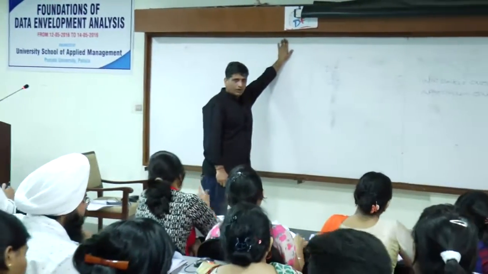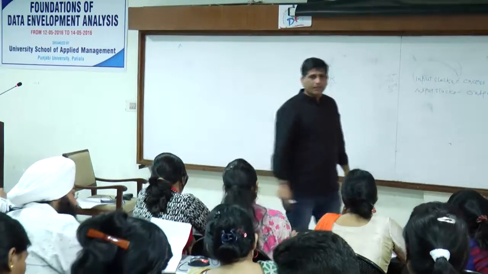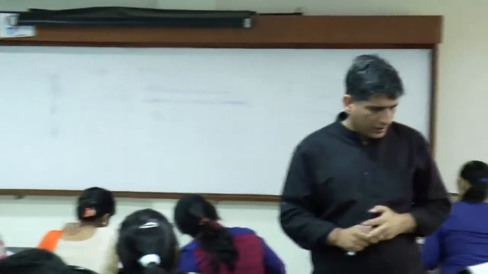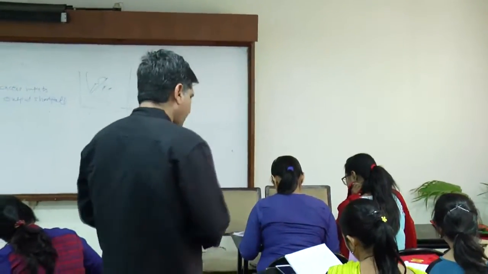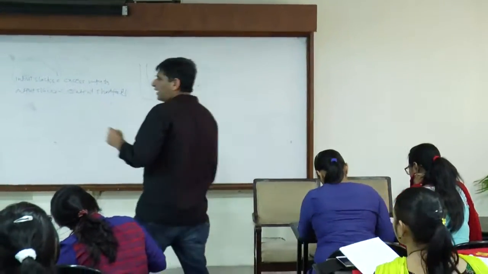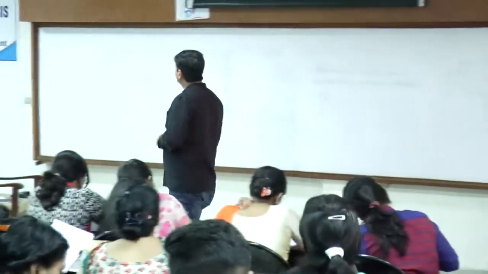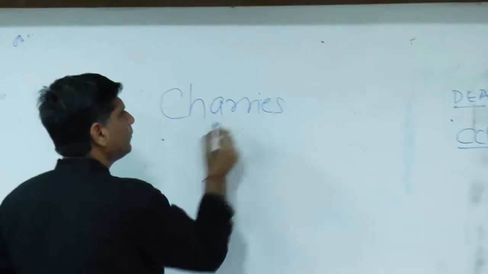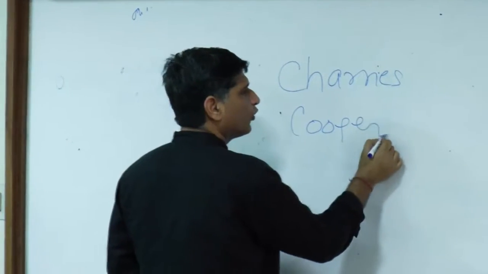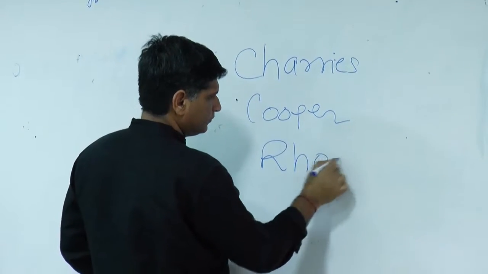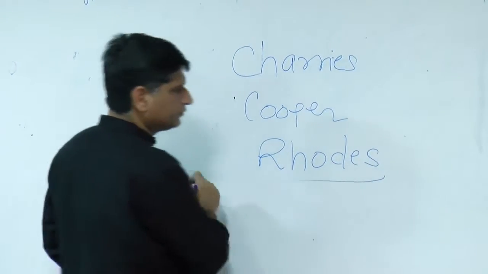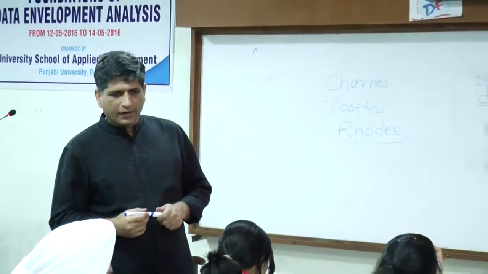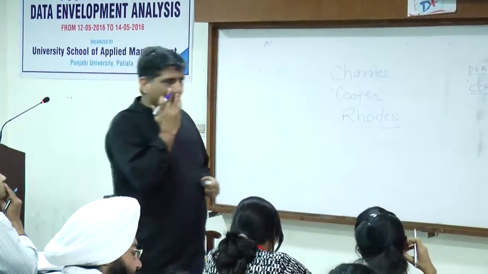Anyway, we come to the CCR model. This model is named after its developers. There are three developers: Charnes, Cooper and Rhodes.